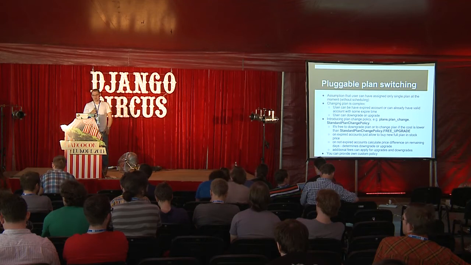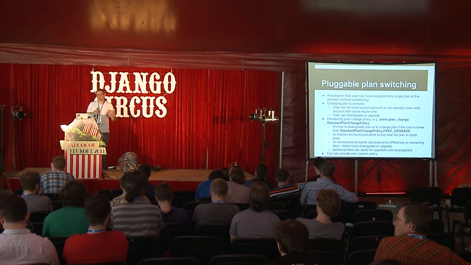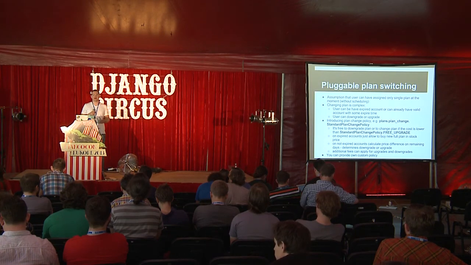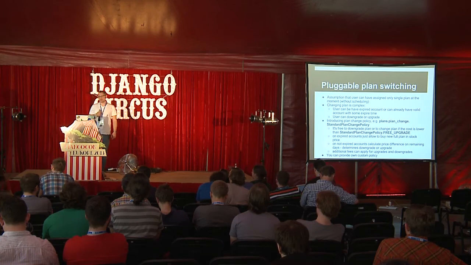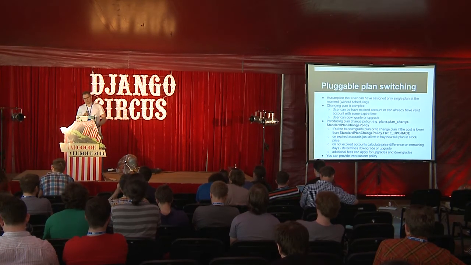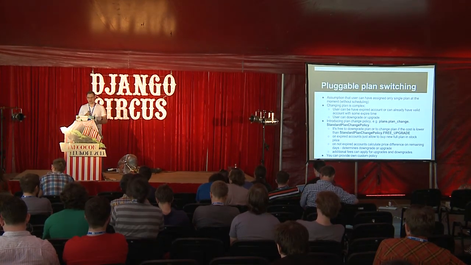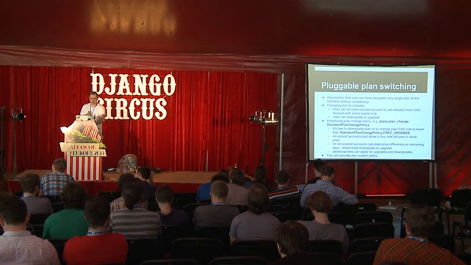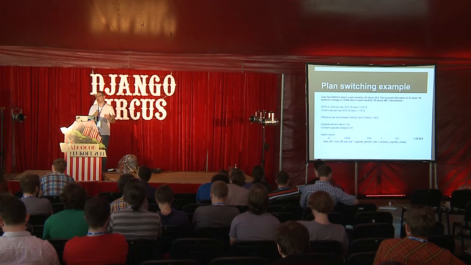So it's not easy to decide how to bill the user for changing the plan. Should it be free or should there be a price on it? So there's a whole change policy backend for that, and there is a standard change policy backend that you can use to do calculations like that.